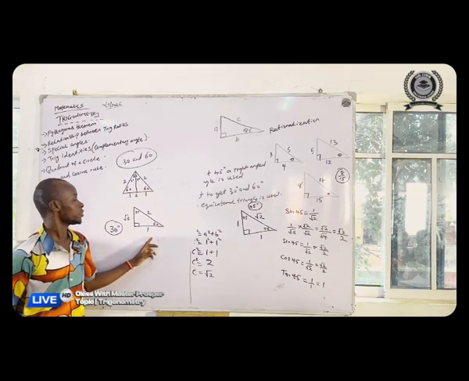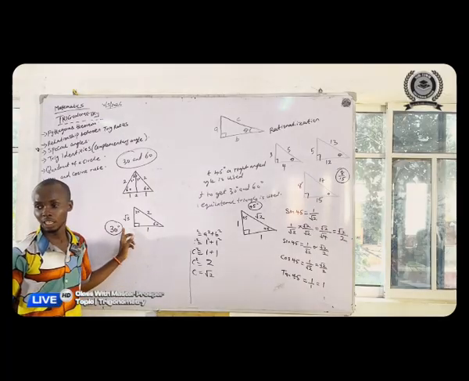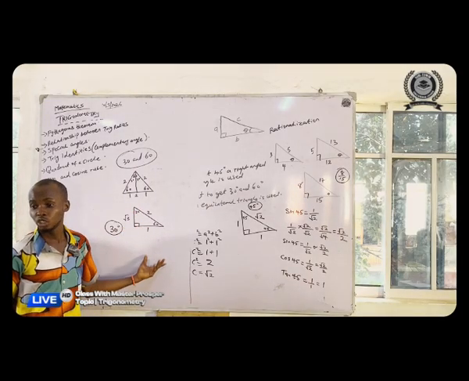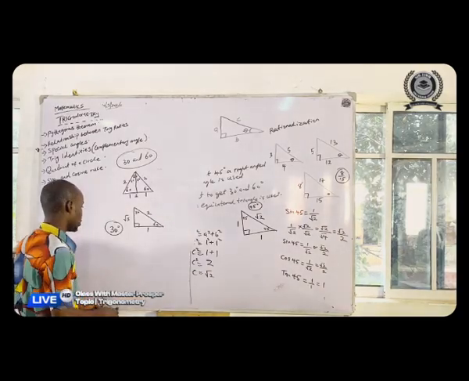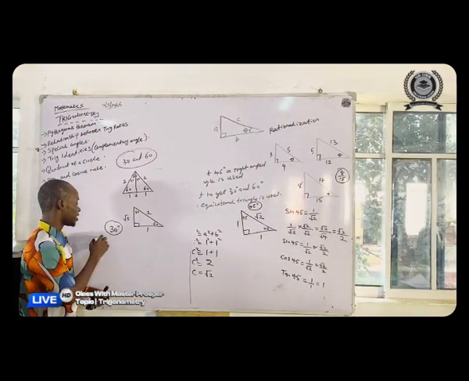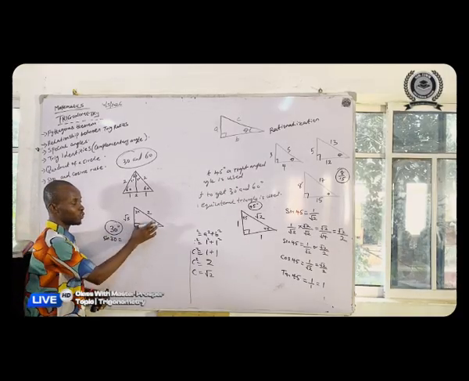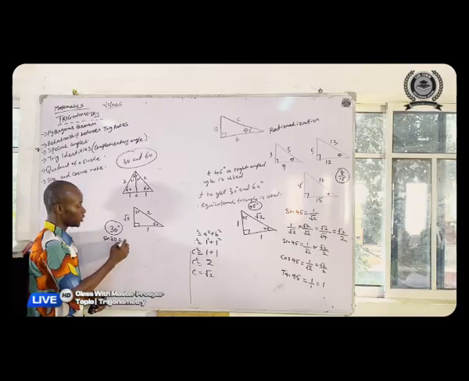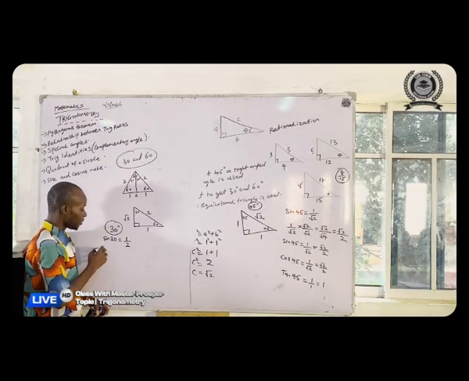We are looking for angle 30 degrees, so here is our opposite and here is our adjacent. The place facing the angle is the opposite, then the other side is the adjacent. So we now say that sine 30 degrees is equal to opposite over hypotenuse, which is equal to 1 over 2.